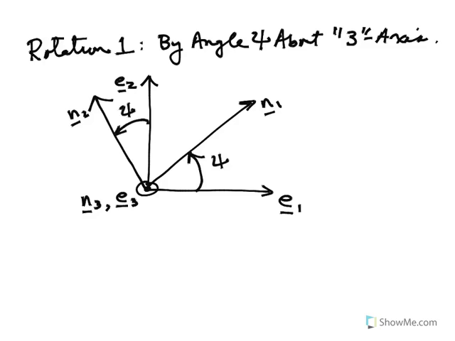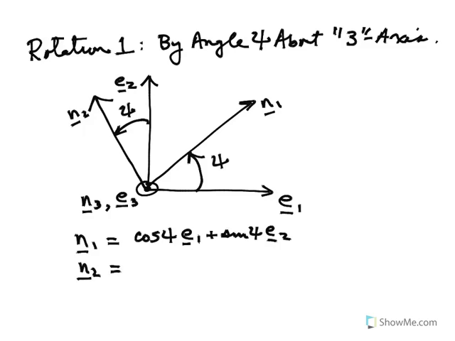Now if you go back to what I did earlier, we have a way to relate the basis N1, N2, N3 to E1, E2, E3. More importantly, we can use the result from earlier to construct the transformation. So N1 is equal to cosine of psi times E1 plus sine of psi times E2.